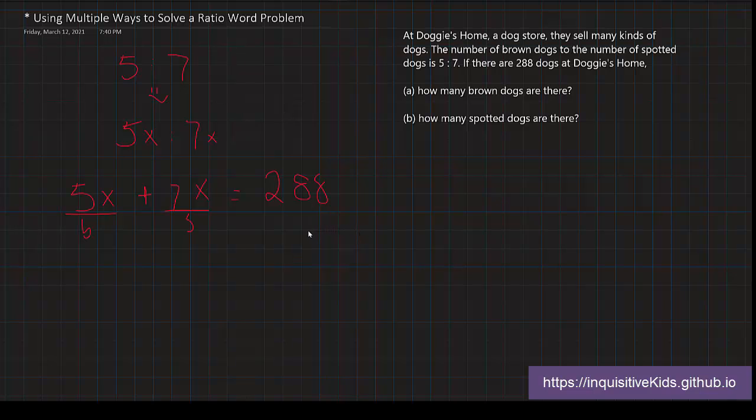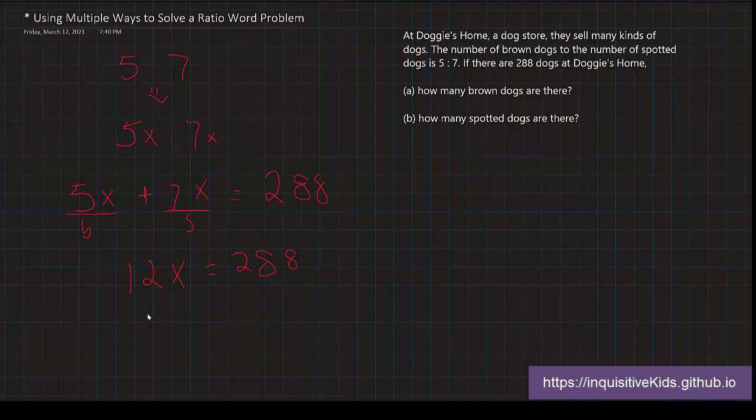And now all we need to do is find x, and then plug x back into the ratio over here before. We combine like terms, which would give us 12x equals 288.